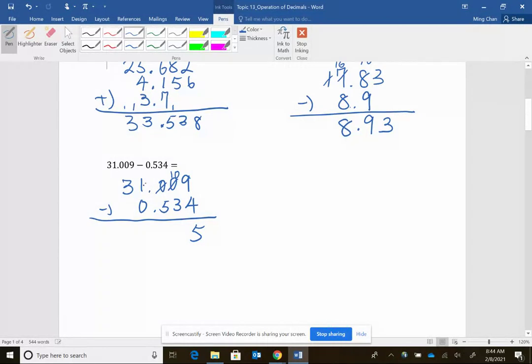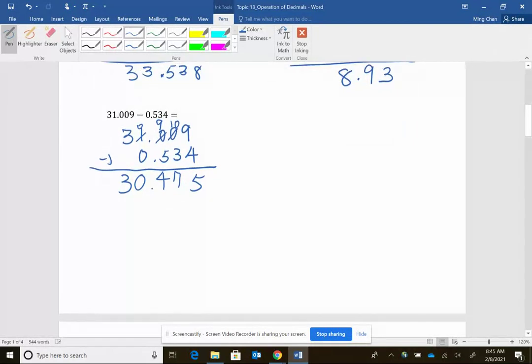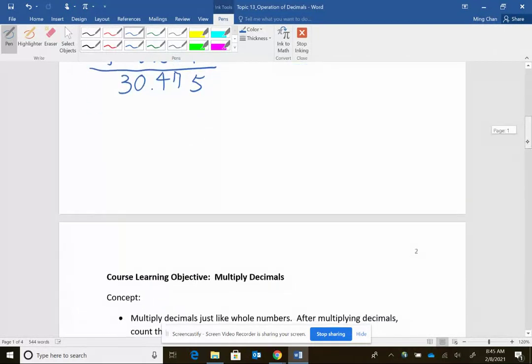This 0 has to borrow from the 1, so this 0 becomes 9, because when the middle 0 borrows from the 1, it borrows 10, but you have to give 1 away to the buddy to the right. That's why it becomes 9. So this is going to be 7, 4, 0, subtract 0, 0, and bring the 3 down. 30.45475. All right, so it's just like adding and subtracting whole numbers.